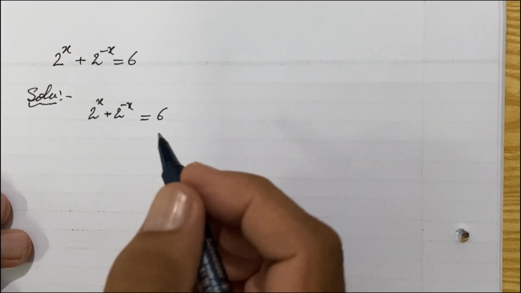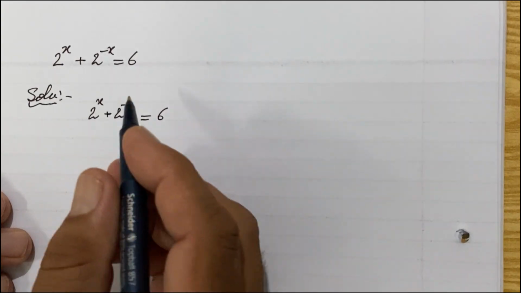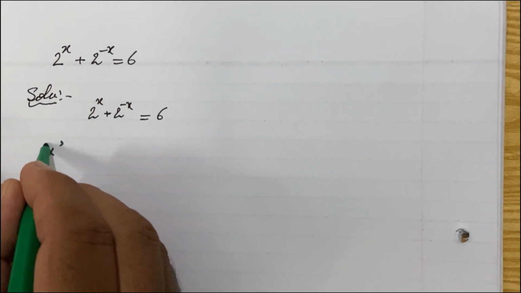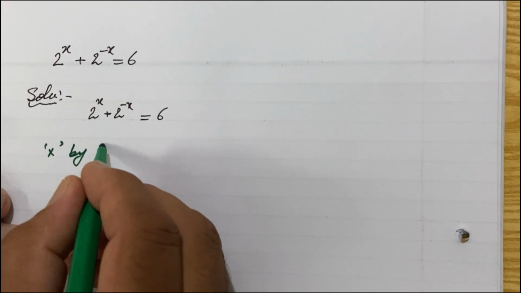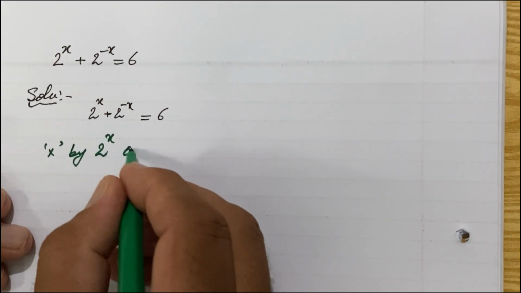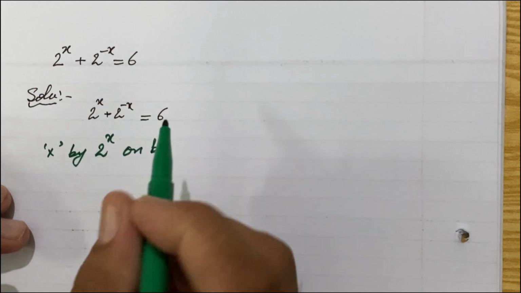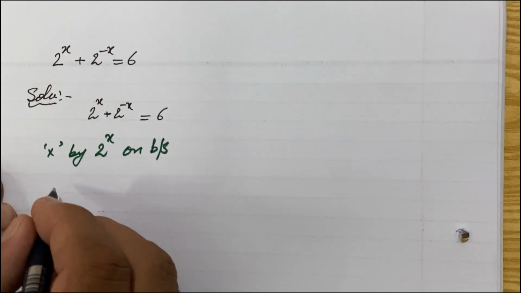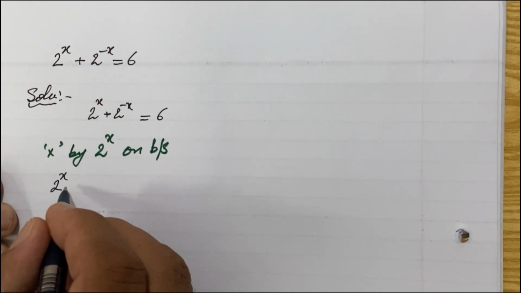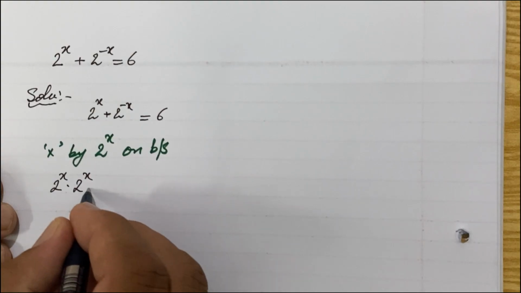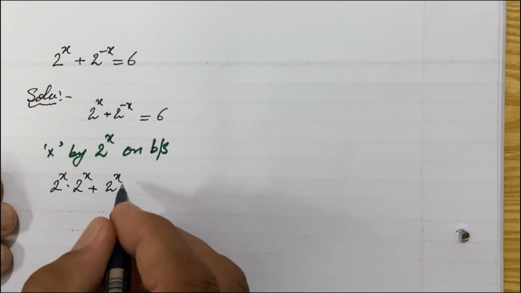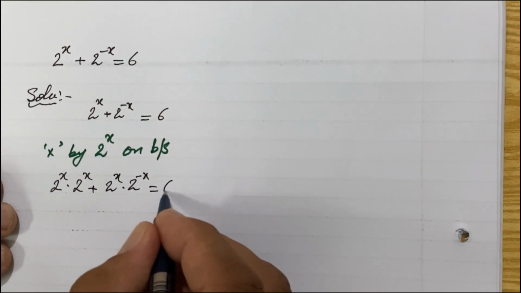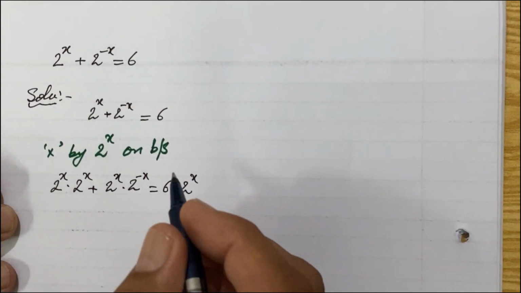Now multiplying by 2 raised to the power x on both sides, then 2 raised to the power x into 2 raised to the power x plus 2 raised to the power x into 2 raised to the power minus x is equal to 6 into 2 raised to the power x.